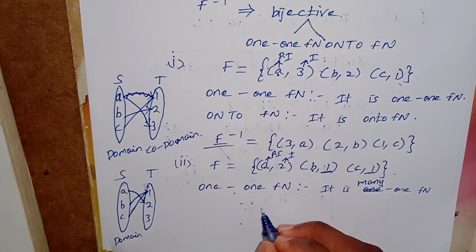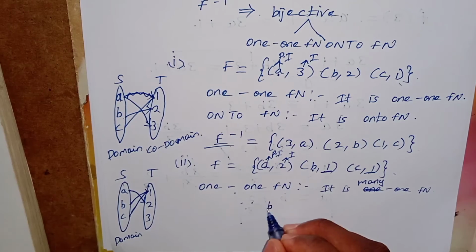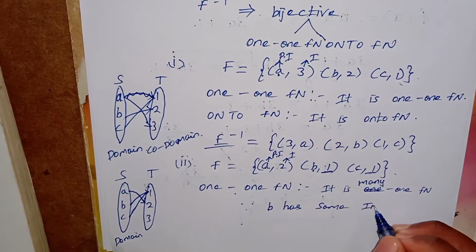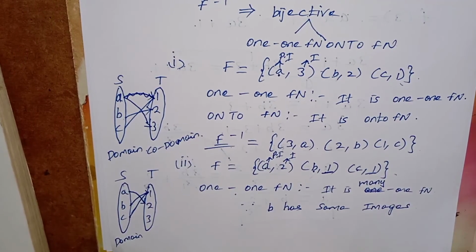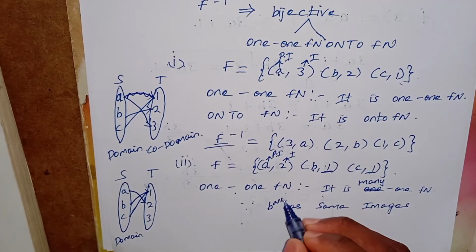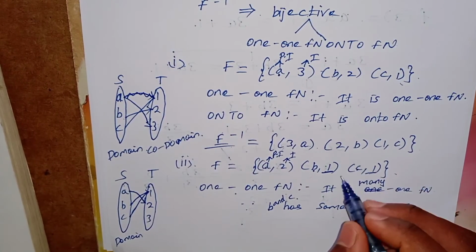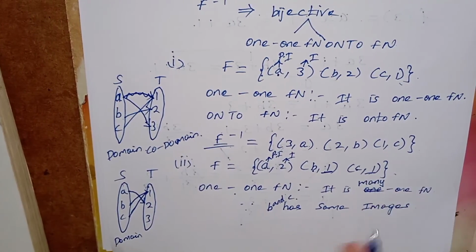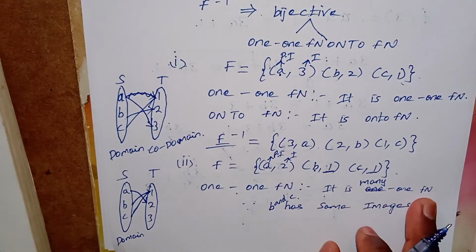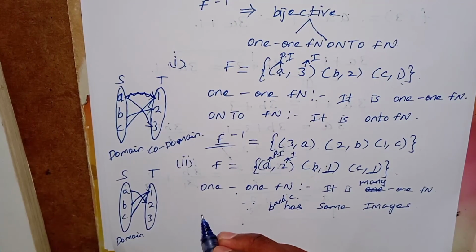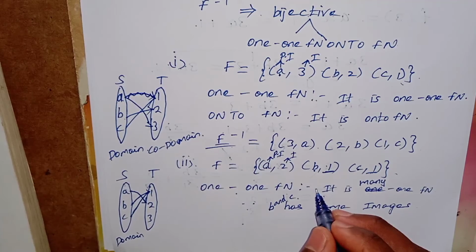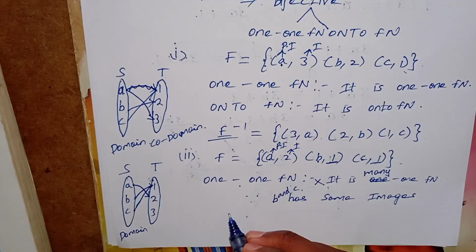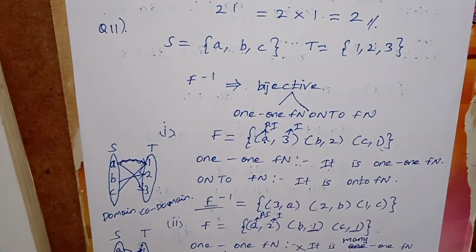Here b and c have the same image. Therefore it is a many to one function. Next, it is not satisfying one-one. Therefore it is not bijective.